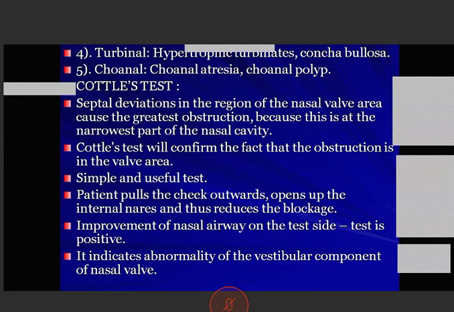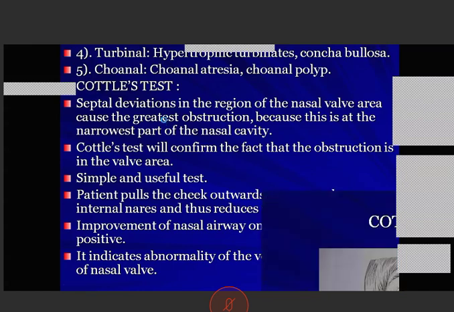So that shows that the obstruction is at the nasal valve area. If there is improvement of the nasal airway on the test side, that means the test is positive, Cottle's test is positive. It indicates abnormality of the vestibular component of the nasal valve.